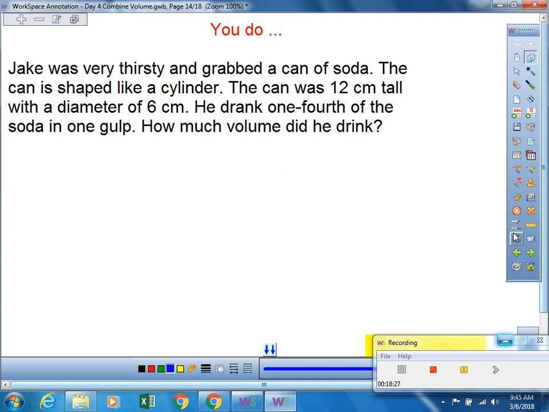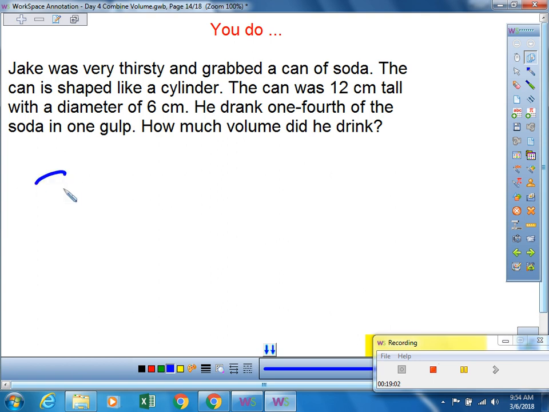He drank 1/4 of the soda in one gulp. How much volume did he drink? So, figure out the volume of your soda. Then figure out how much he drank. First thing you got to do is what?